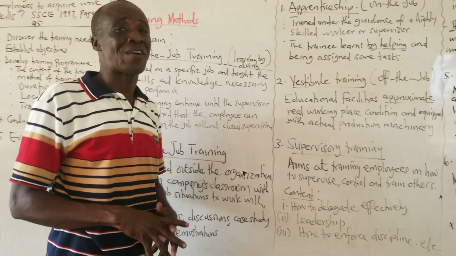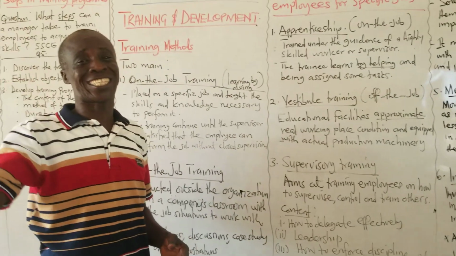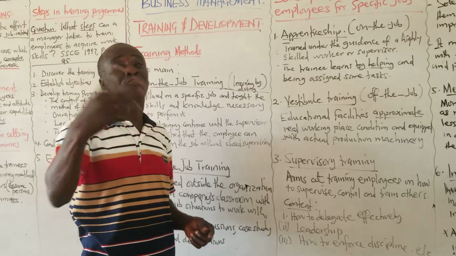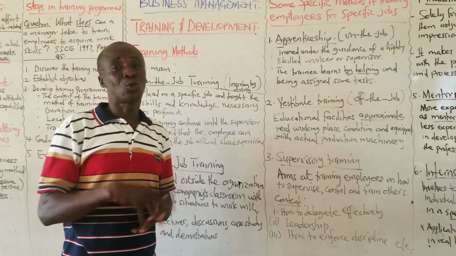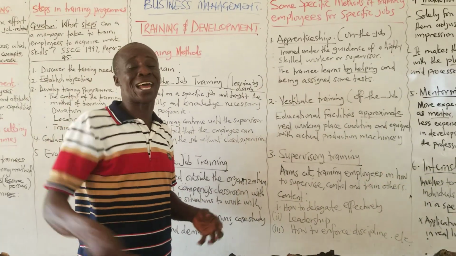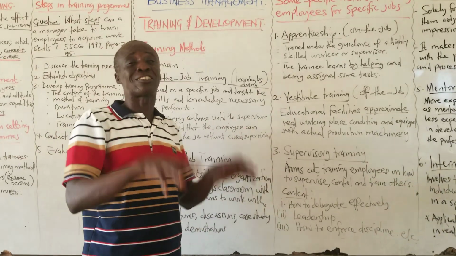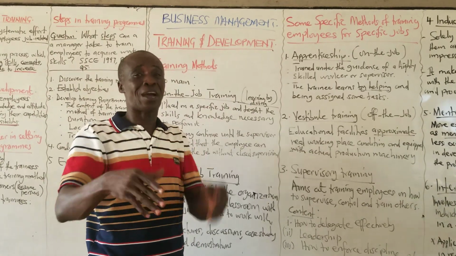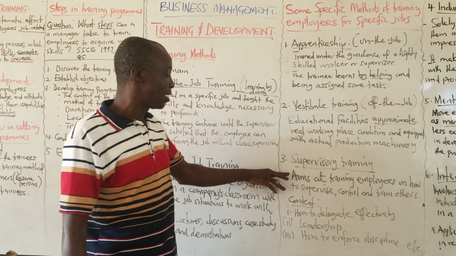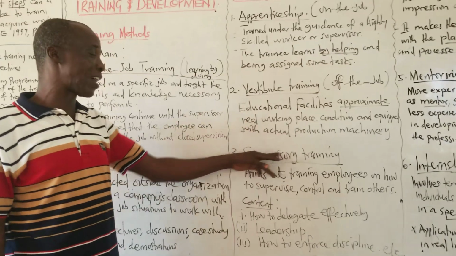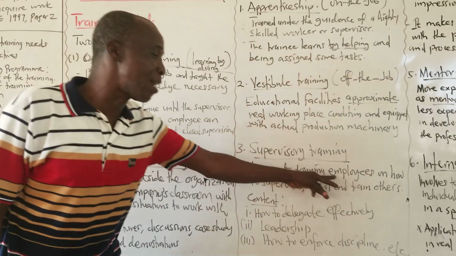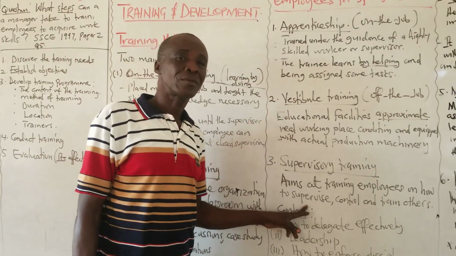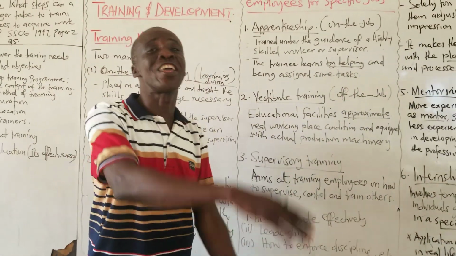Then the next one, supervisory. The name tells you what it is. You know who a supervisor is. So supervisory training will certainly train somebody to become a supervisor. So you are trained so that you can also come and impart whatever skills you have acquired to others. So it's very simple. I said supervisory training aims at training employees on how to supervise, control, and train others.